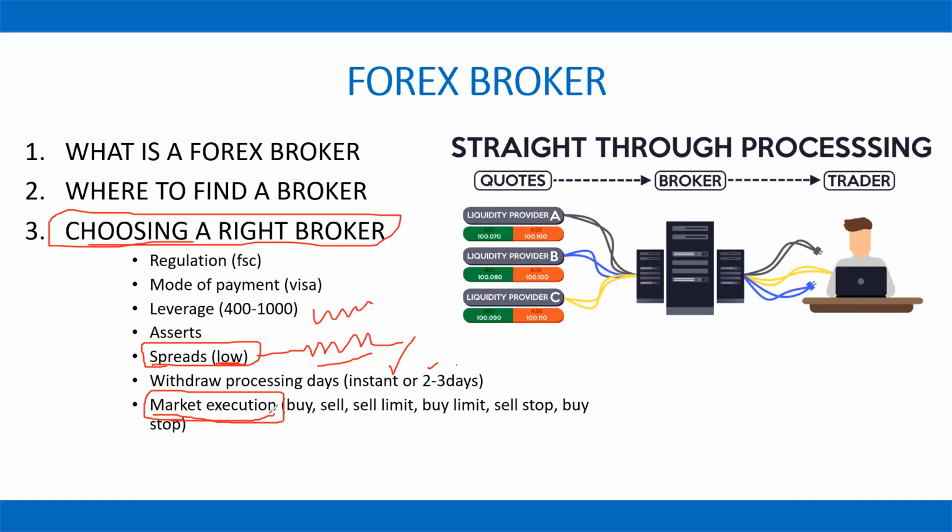On this one, you need to understand it in this way. When we say market execution, we're trying to say the type of buying. How are things going to be bought, right? There are some things like buy and sell, which means if you buy, you're going to instantly buy, right away. If you sell, you're going to instantly sell. Those are called instant execution.